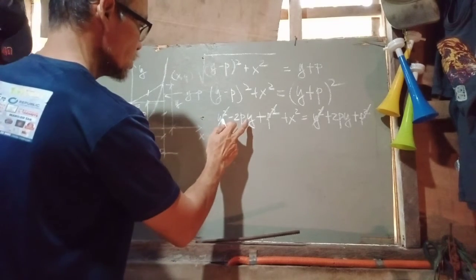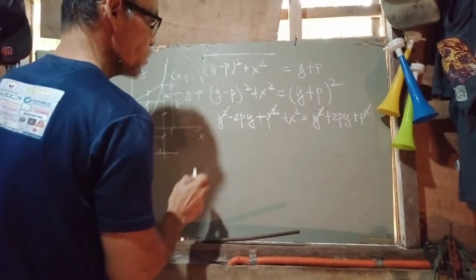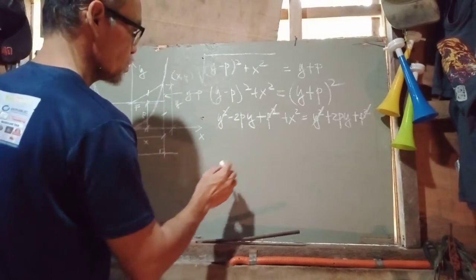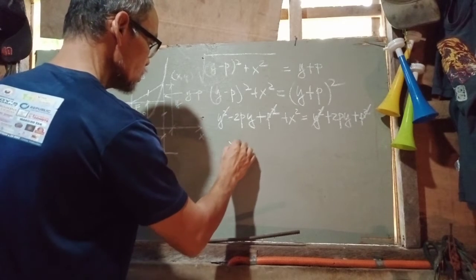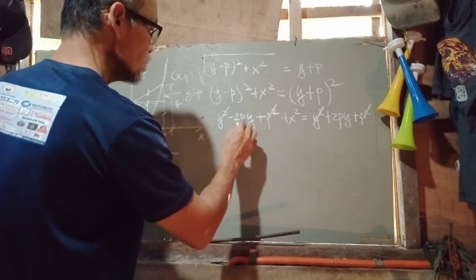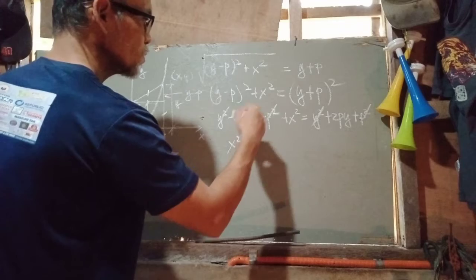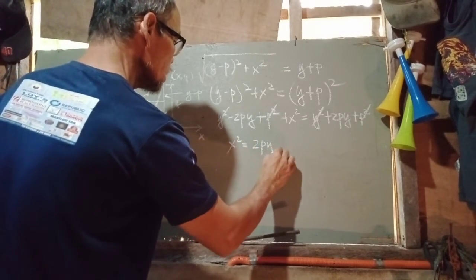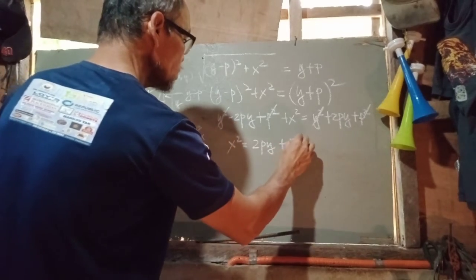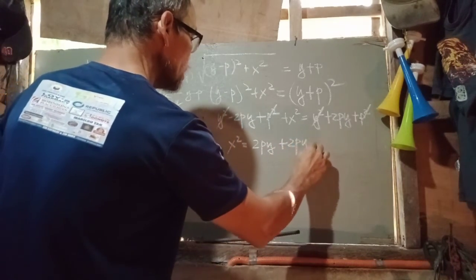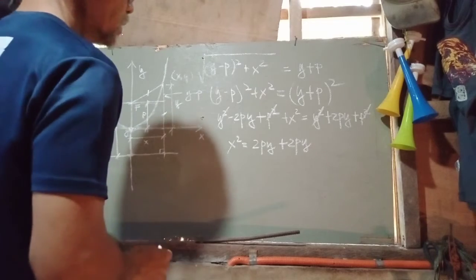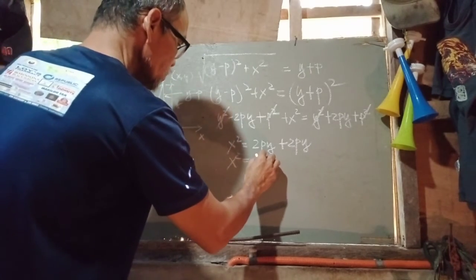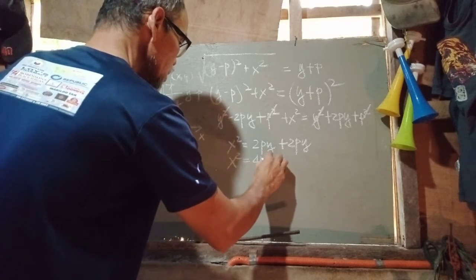This minus 2py, we will transpose to the other side. So x squared equals, because this is negative, transposed it becomes positive 2py plus 2py, so x squared becomes 4py.